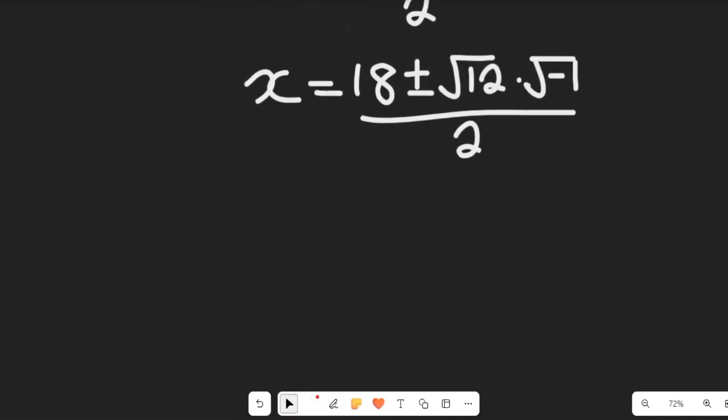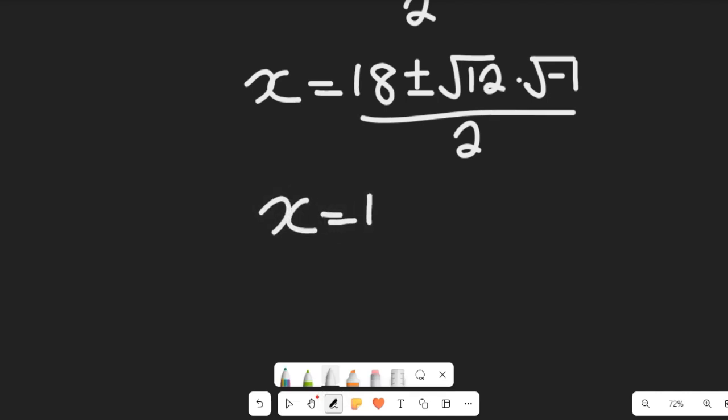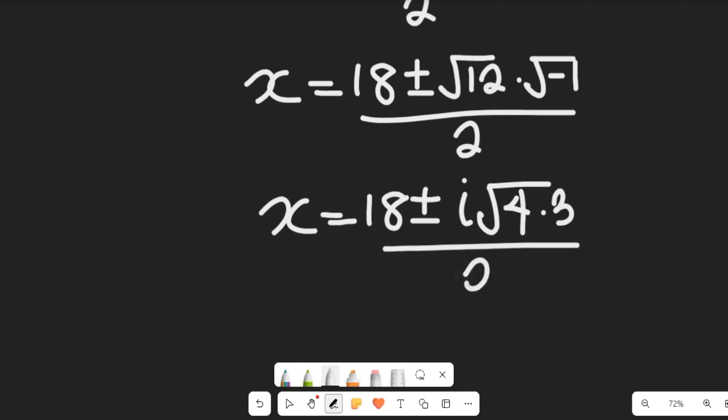The square root of 12 is the square root of 4 multiplied by 3, and the square root of negative 1 is i, all divided by 2.